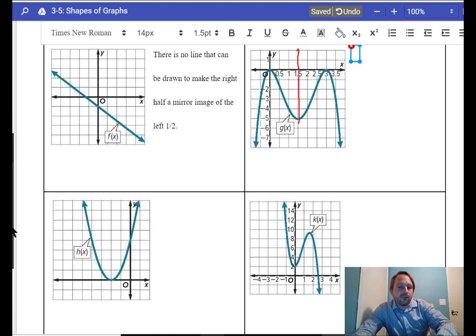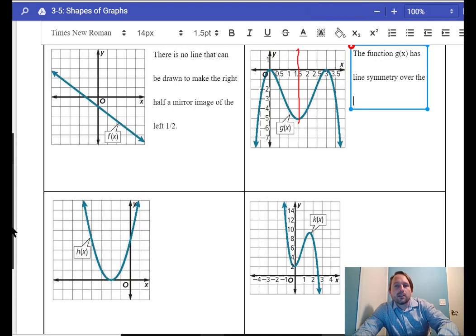So the function g of x has line symmetry over the equation x equals 1.5. That's where we drew that red line right there.